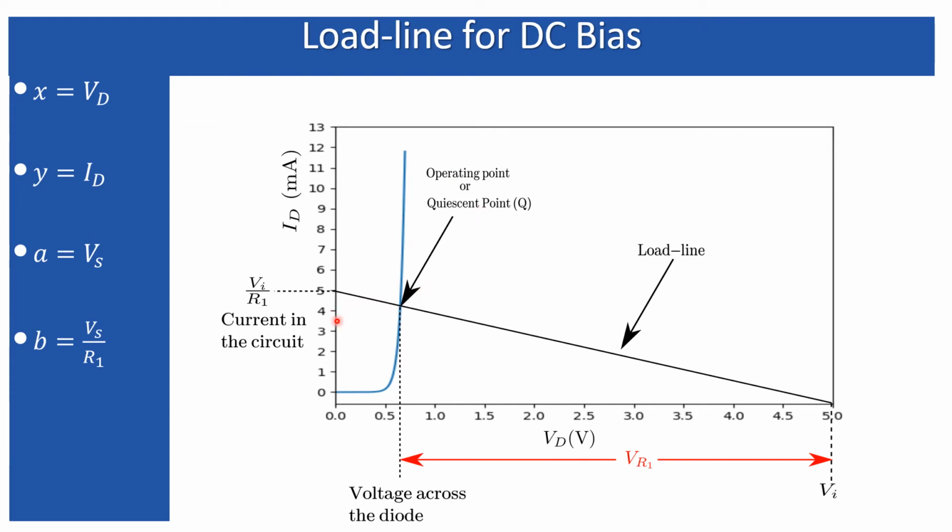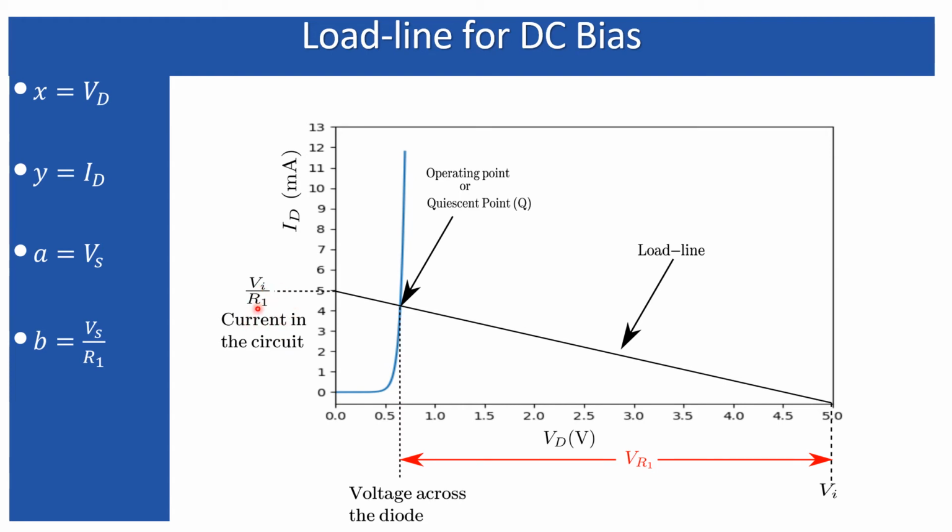So the current in the circuit is represented by the current at this quiescent point, and if you draw a line on the voltage axis, this voltage is basically the voltage appearing across the diode. So if this intersection point appears at 0, that represents zero current flowing through the circuit, and that is obvious because with infinite resistance, that means with open circuit, there is no current.